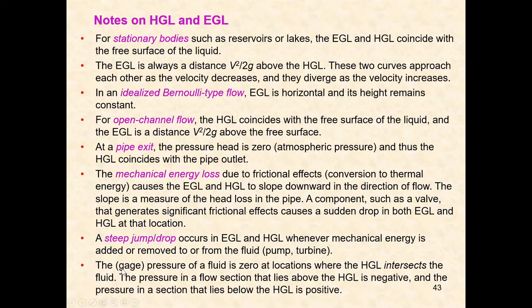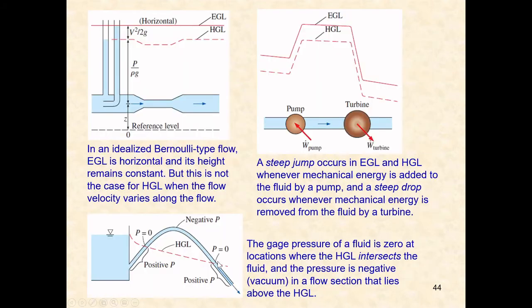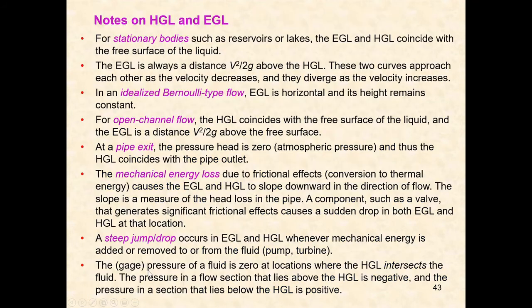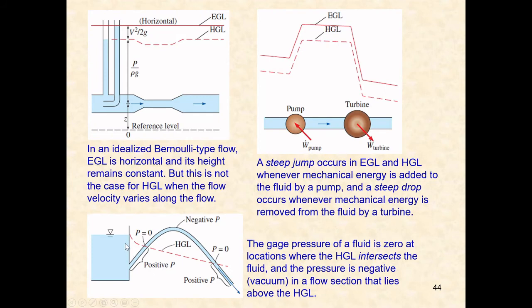Okay, and the last one, the gauge pressure of a fluid is 0 at a location where the HGL intersects the fluid. The pressure in a flow section that lies above the HGL is negative. So you can see the fluid that lies above the HGL line, the pressure is negative.